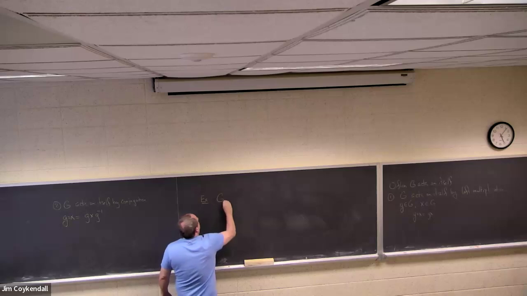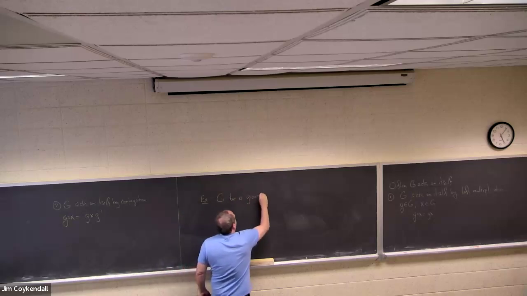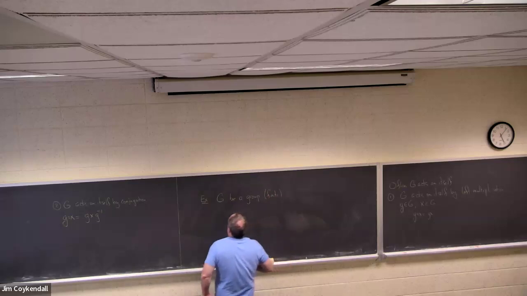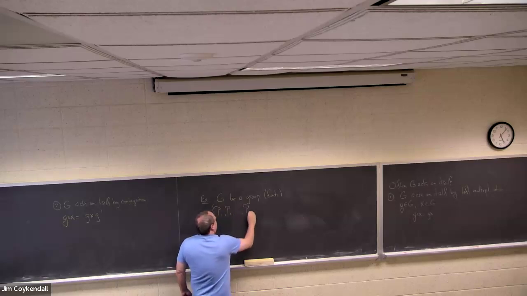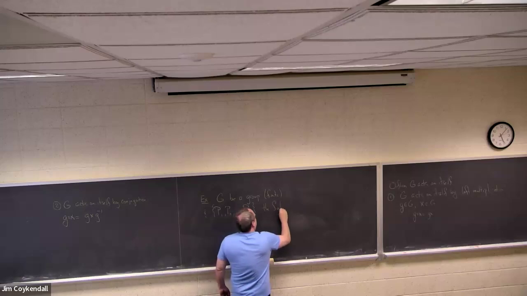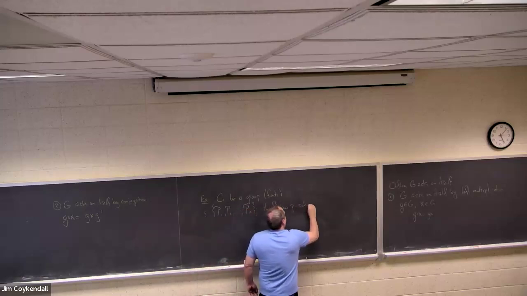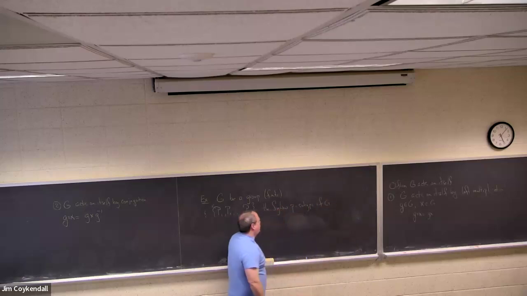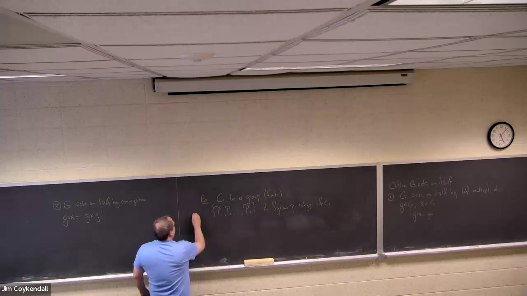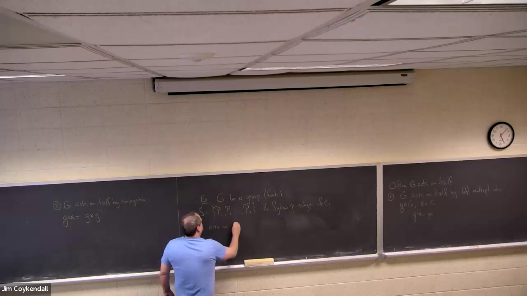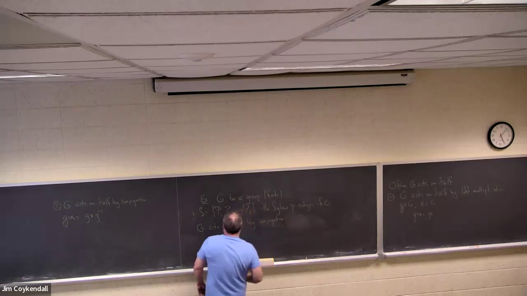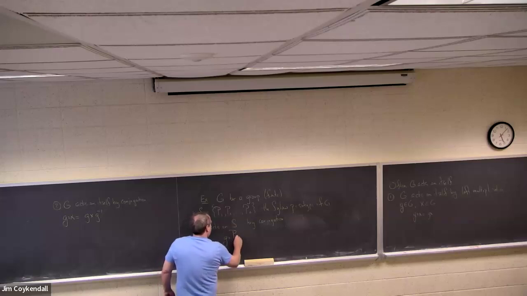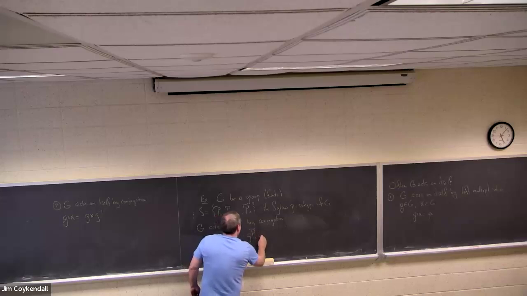Example. G is a finite group. You have the Sylow p-subgroups; we'll call the set S. Then G acts on S by conjugation: g acting on P_i is g P_i g inverse.